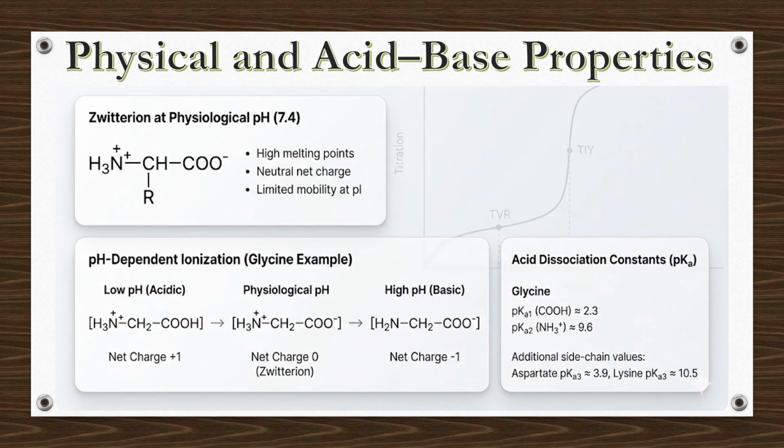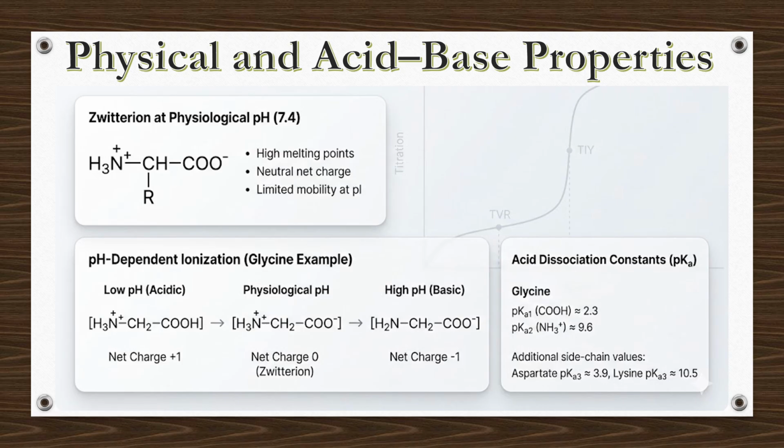Glycine, the simplest amino acid, illustrates this behavior. At very low pH, glycine is fully protonated and carries a positive charge. As the pH rises to about 2.3, the carboxyl group loses its proton and glycine shifts into its zwitterionic form.